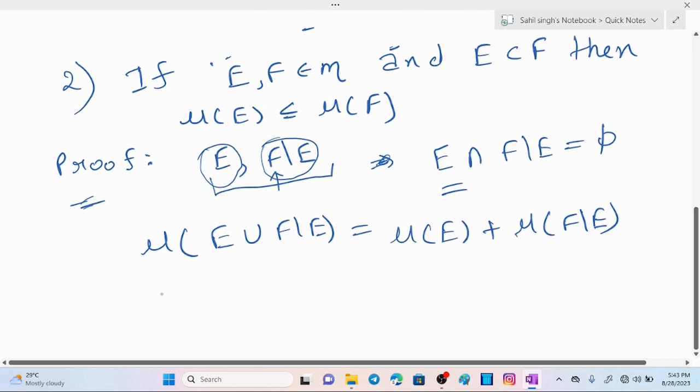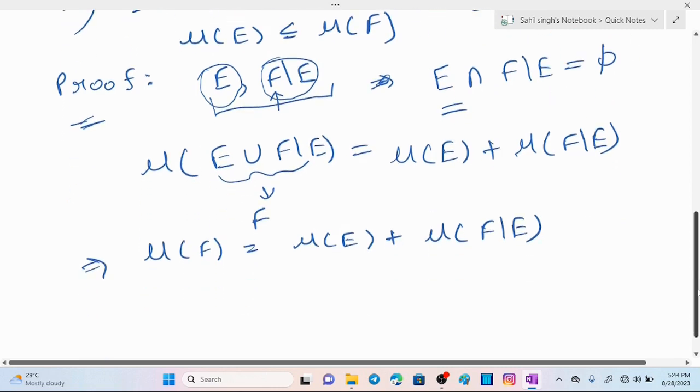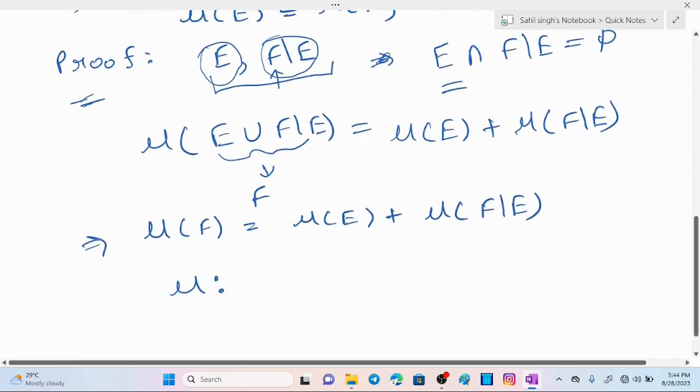We can see this union is nothing but F, because E was a subset of F. So from here we can conclude μ(F) equals μ(E) plus μ(F but not in E). Let's recall that μ was a function from M, the sigma algebra generated by some subset of X, to 0 to infinity.